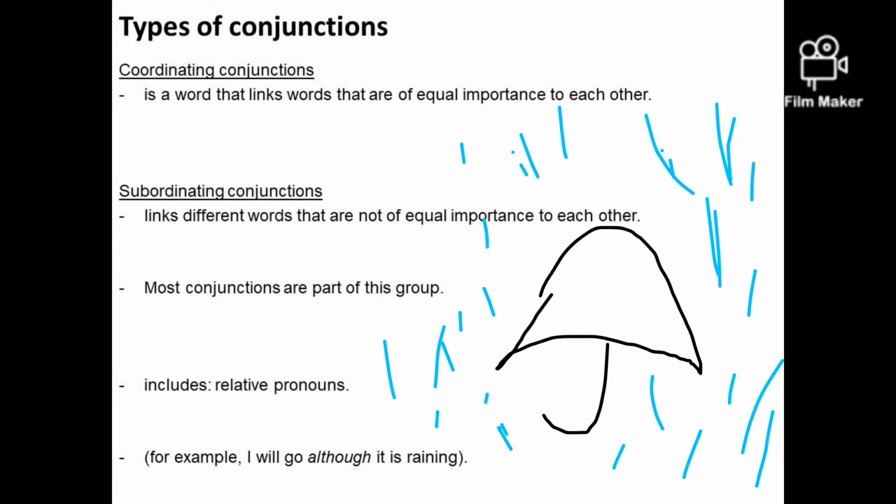Basically, they include relative pronouns as well. We learn today that relative pronouns are types of pronouns which fulfill the role of a noun in a sentence, and they help indicate the relationship between the different parts of a sentence.